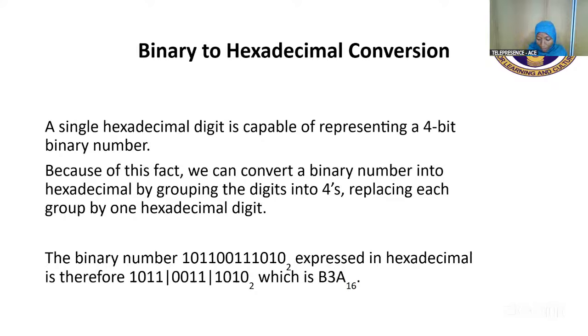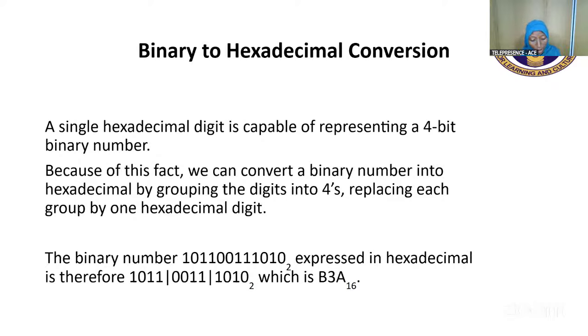So here is an example so that you can get it well. We have 1011 0011 1010 in binary. To convert this into hexadecimal, we break it into groups of 4. So we have 1011, then 0011, then 1010.